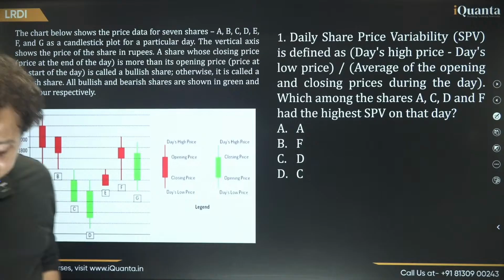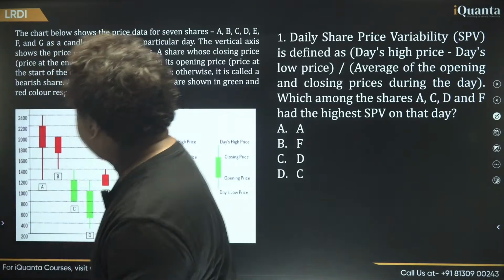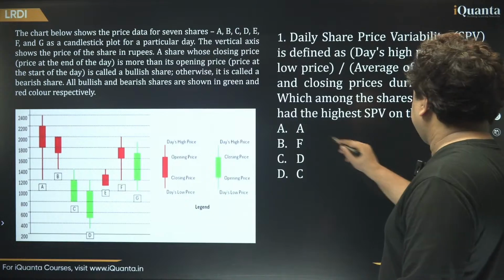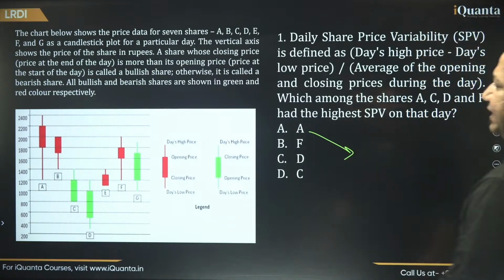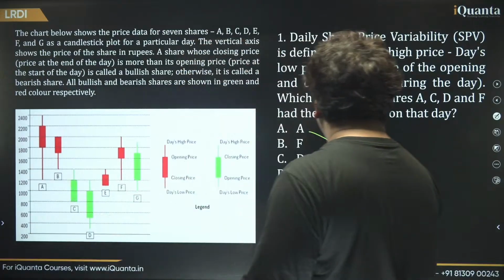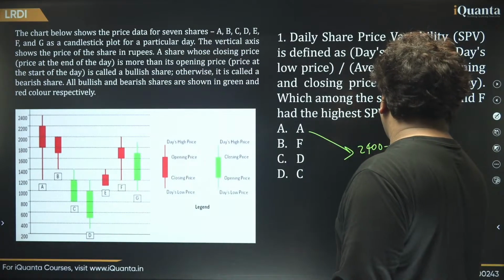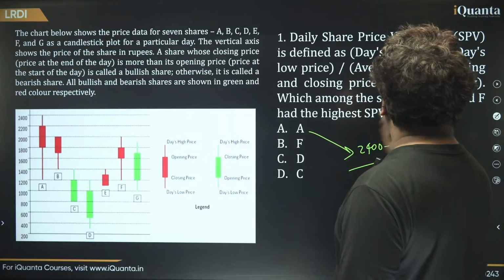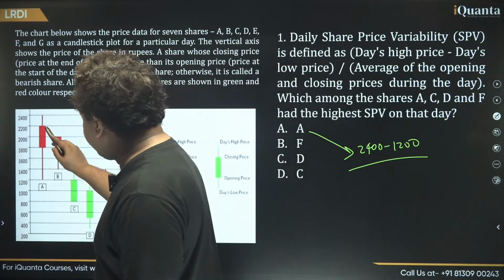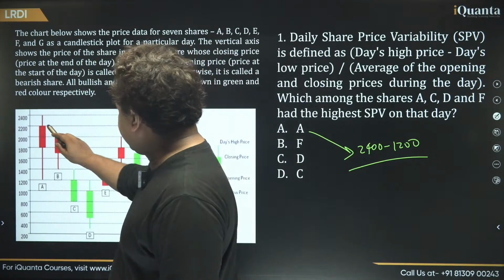How to calculate the SPV? The formula is given to you. For A, the SPV will be calculated as day's high. क्या है day's high? 2,400. Day's low is 1,200. So 2,400 minus 1,200 whole upon average of opening and closing prices. Opening is 2,200.